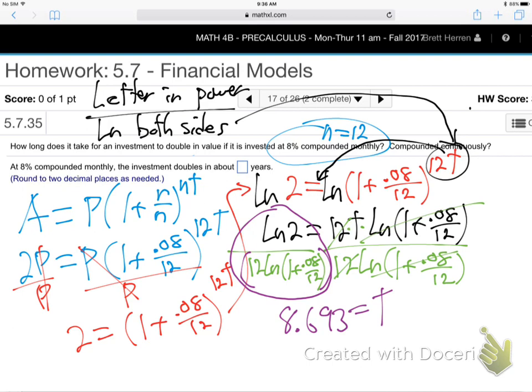And they said round to two places, so it's 8.69. So yeah, just under 9 years. We thought the answer would be about 9. So just under 9 years. There we go. Is that good? Questions I can answer on that?